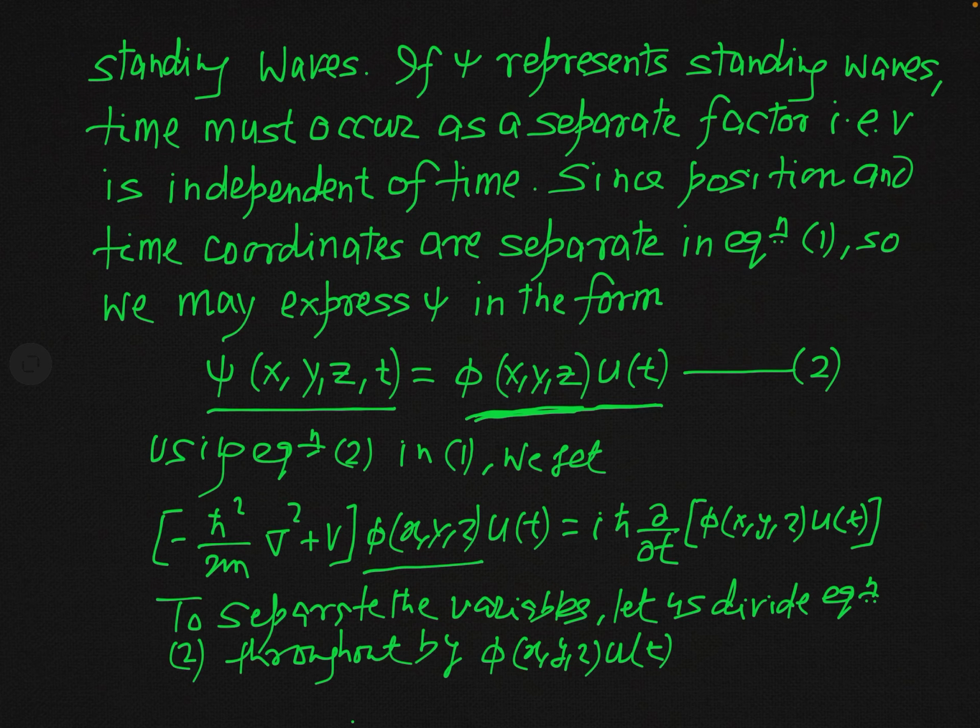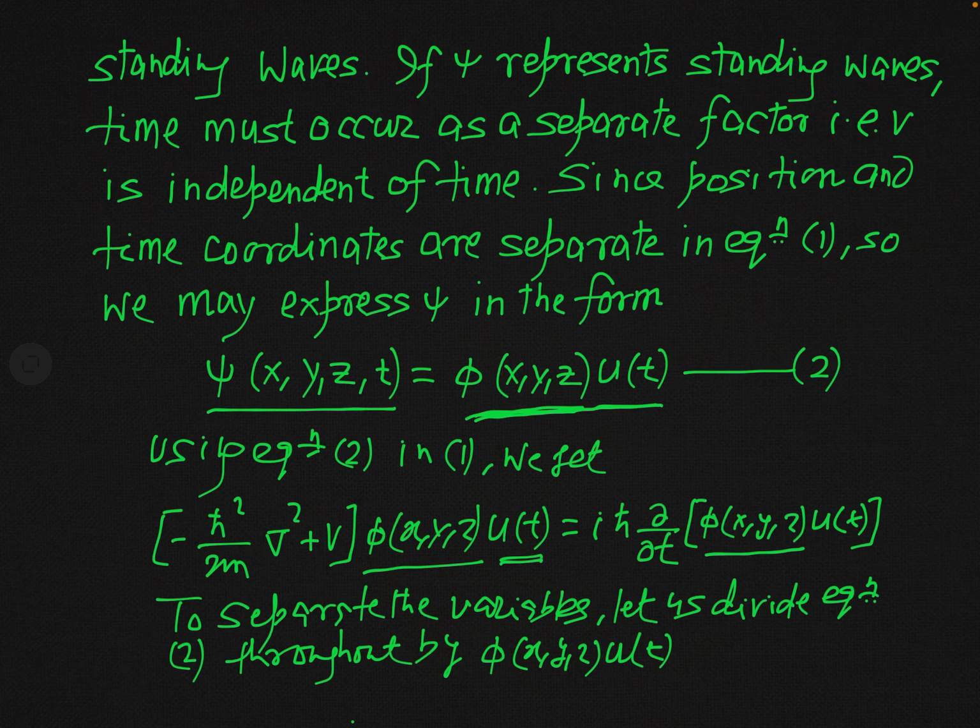After dividing, u of t will cancel. In the RHS, since we are differentiating partially with respect to t, we must treat phi of x, y, z as a constant factor, just as we have treated u of t as a constant factor in the LHS, because the operator is a partial differential operator.